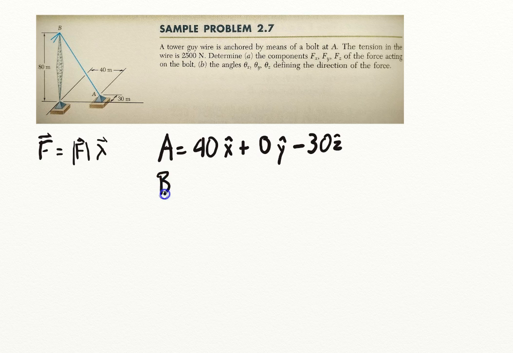While point B is going to be 0 in the x direction, plus 80 in the y direction, and plus 0 in the z direction.